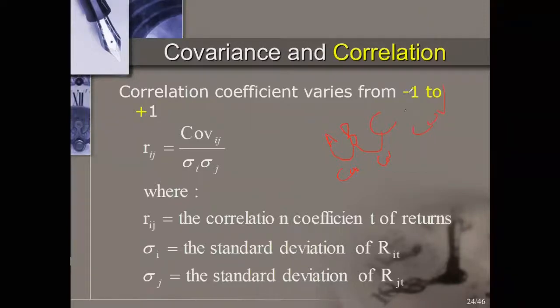Instead, for A, B, C, we have to calculate a co-moment between each pair. First, a covariance between A and B. Then a covariance between A and C. And then a covariance between B and C. So how many covariances will we be required to calculate? 3. Very good. We will be required to calculate 3 covariances.